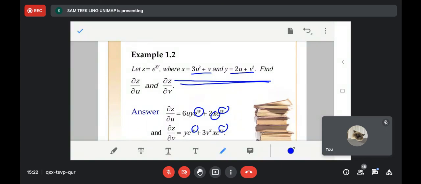Quiz 1 does not involve inverse function. So if you get this kind of question, it is only change of variable. Don't give me inverse function because we won't test it. So only del Z del U, del Z del V.